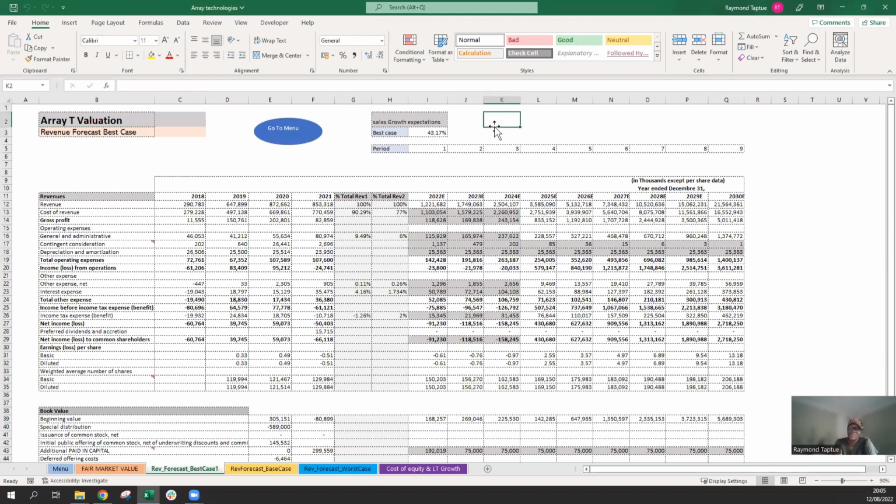Under the best case scenario, I made the assumption that the revenue of the company will grow at a 3-year compounded annual growth rate of 43%, starting from 2018. Using that growth rate, I am able to populate the remaining cells of my income statement.